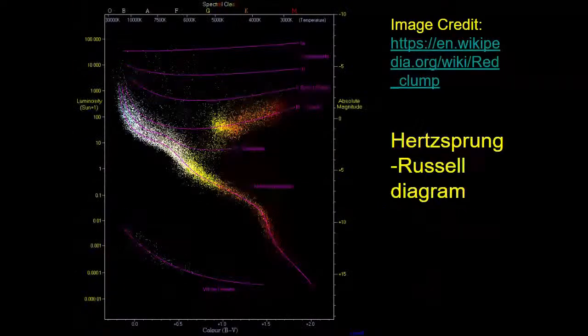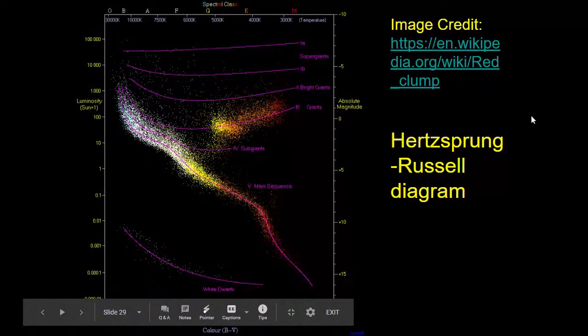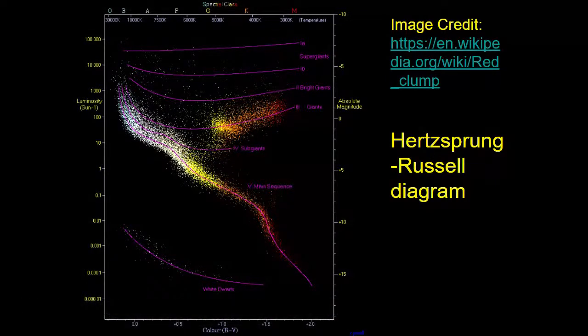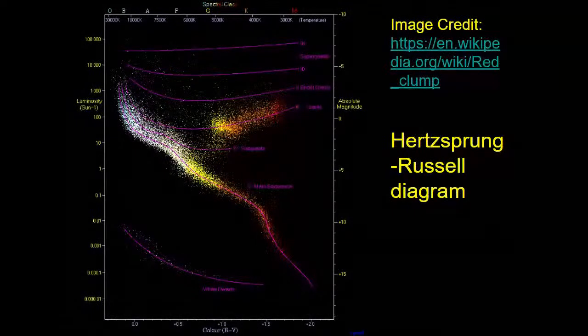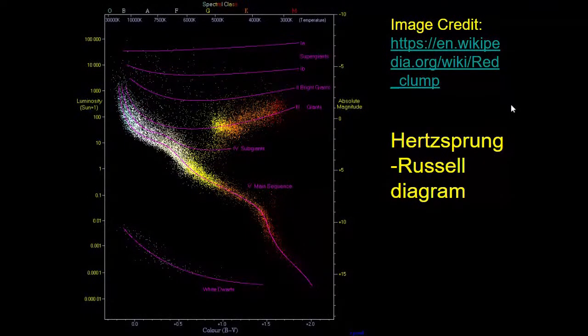So the color, for example, one way to find out the temperature of a star is to find out the apparent magnitude at some filter called blue filter, and similarly apparent magnitude at V filter.